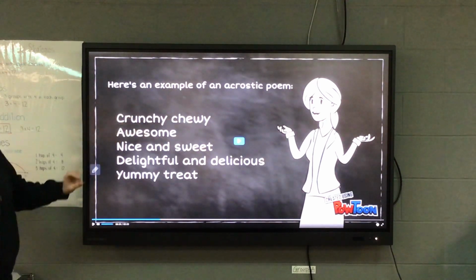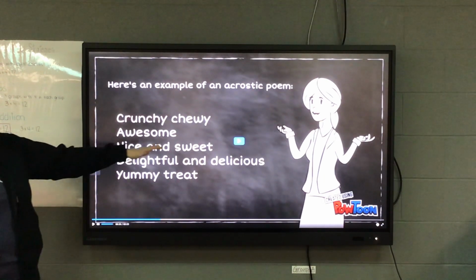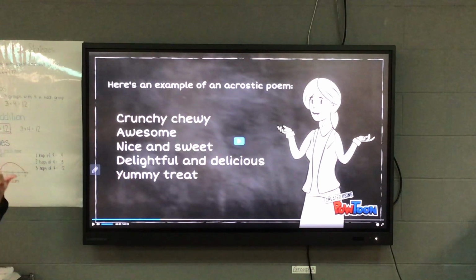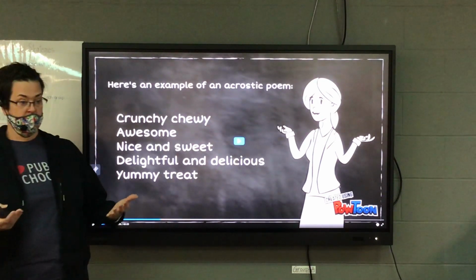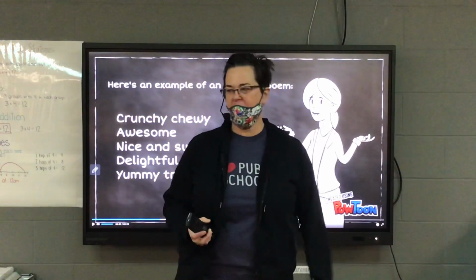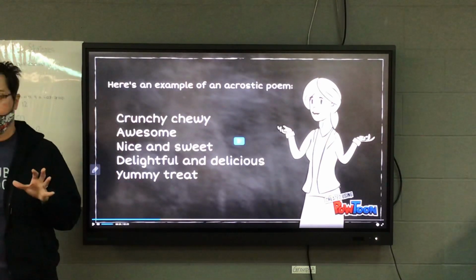Crunchy, chewy, awesome, nice and sweet, delightful and delicious, yummy treat. So did they use more than one word on theirs? Yes, but are you writing like a whole sentence across from that letter? No, they're keeping it pretty short, aren't they?